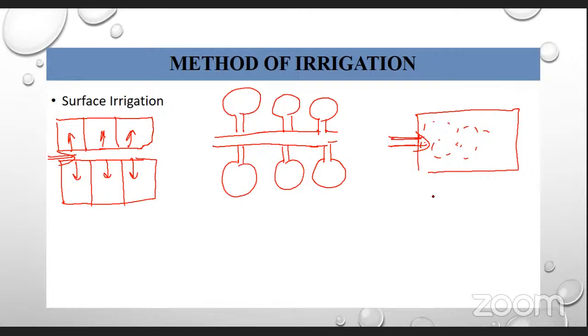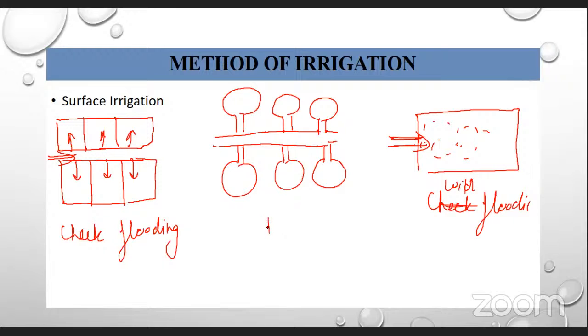Okay, so this is known as your check flooding, or sorry, not check flooding, it is the wild flooding. Then this is known as your ring basin. Okay, and this ring basin we usually adopt in our orchards.